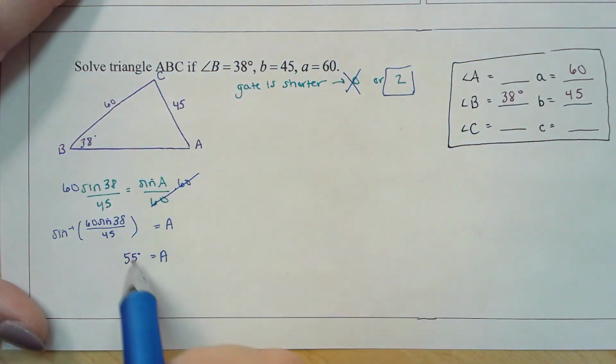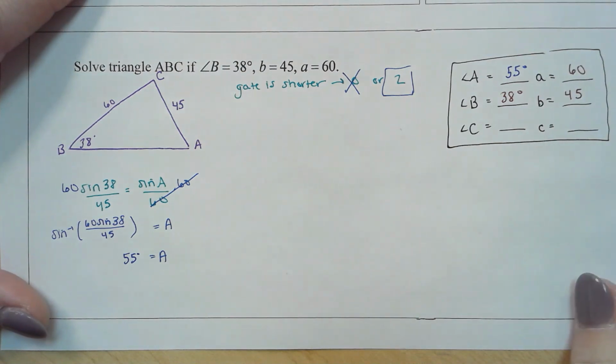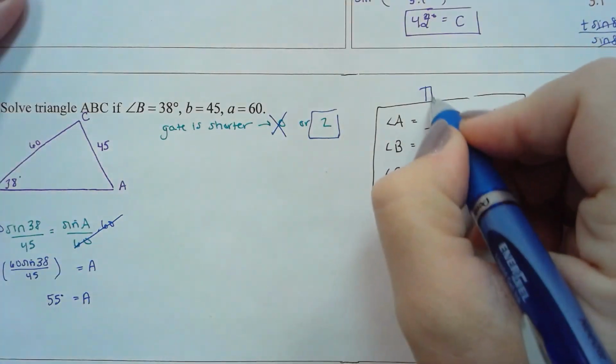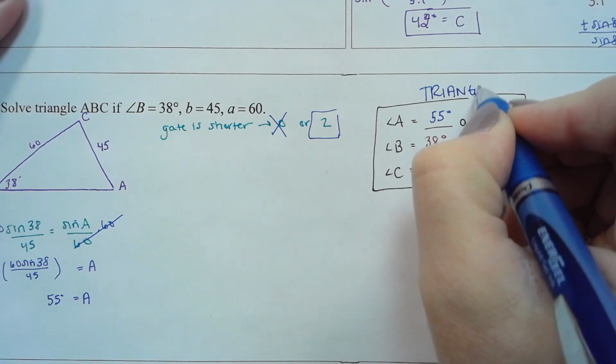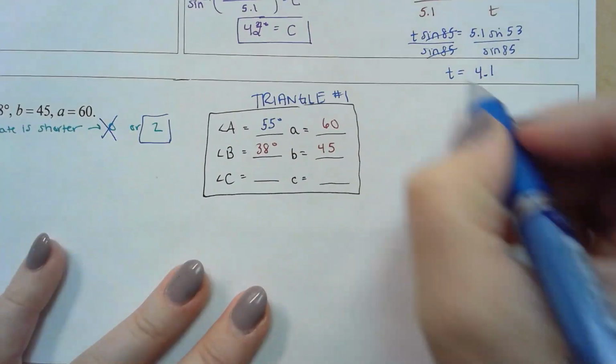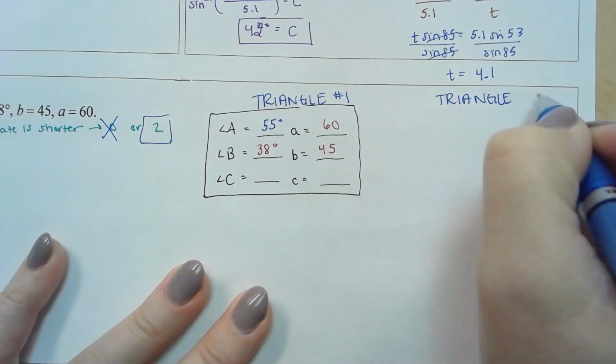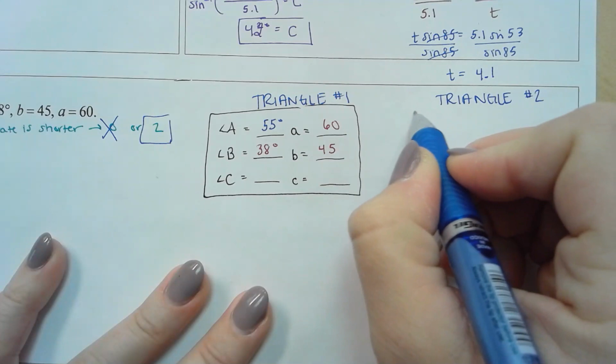So let's go in here and write this down. Angle A could be 55 degrees. Let's label this triangle 1, and then maybe I do another box for triangle number 2.